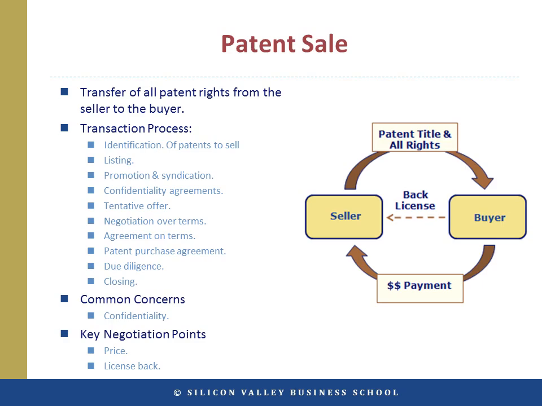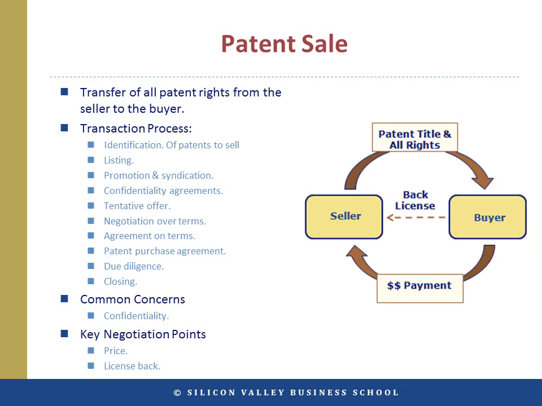As for negotiating points, pricing is always a significant factor in these negotiations. However, other issues are sometimes even more important in finding win-win deal structures that meet the demands of each of the parties. The scope of a license back can be the source of much discussion.